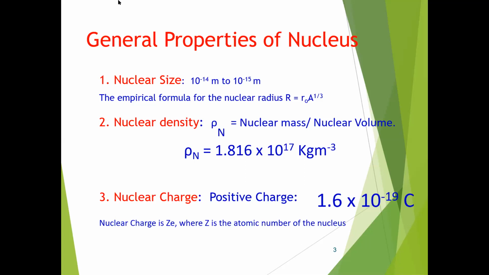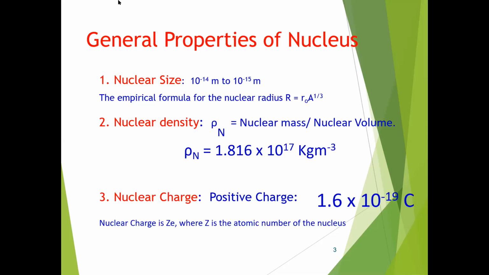We indicate the atom as X with Z and A. Z is the atomic number and A is the mass number. A minus Z gives the neutron number.